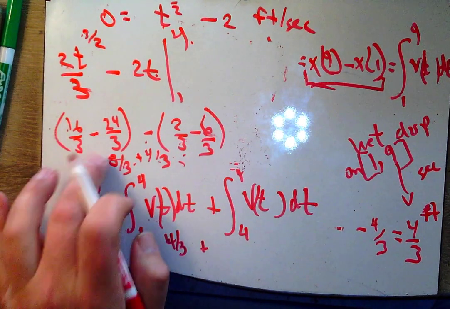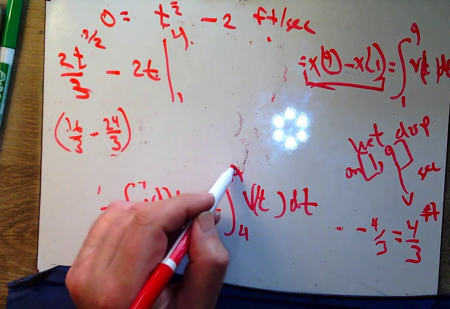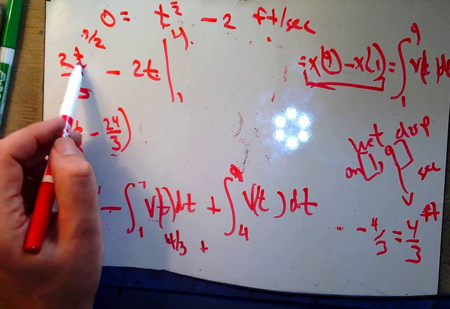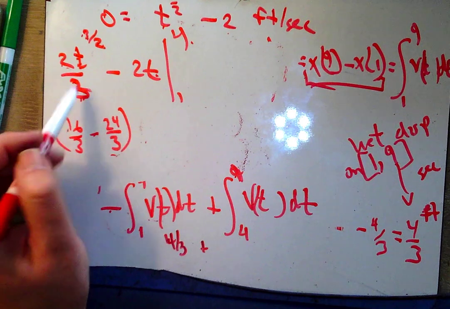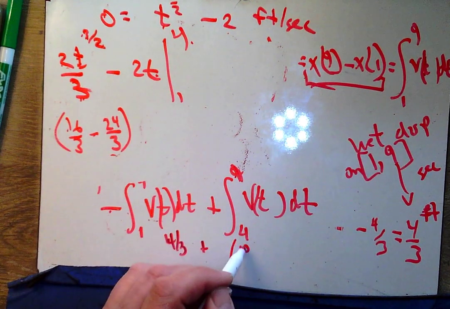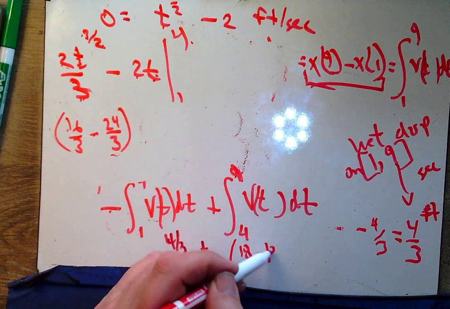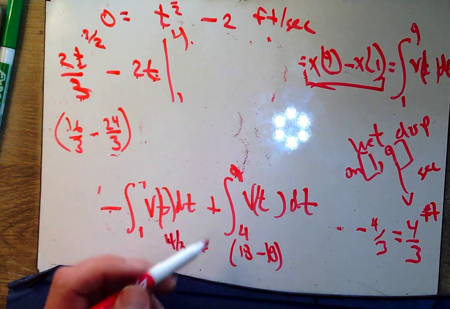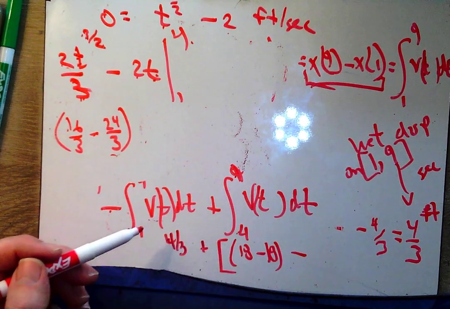And what about from 4 to 9? Okay, so if I plug that 9 in, square root of 9 is 3, 3 to the 3rd is 27, 27 divided by 3 is 9, 9 times 2 is 18. So I've got 18, and 2 times 9 is 18. Good. And I'm subtracting from that this value at 4.